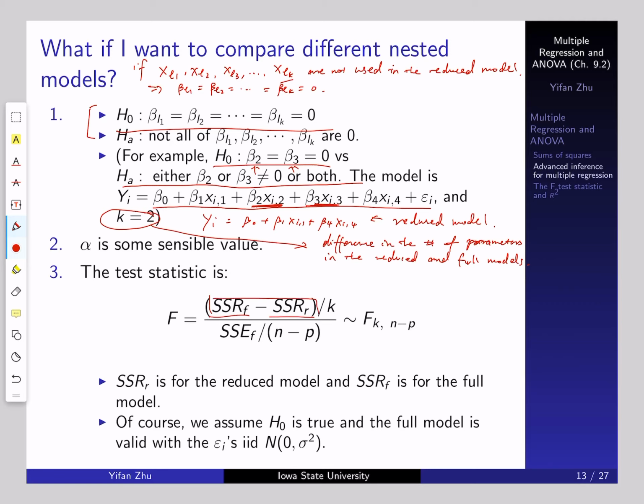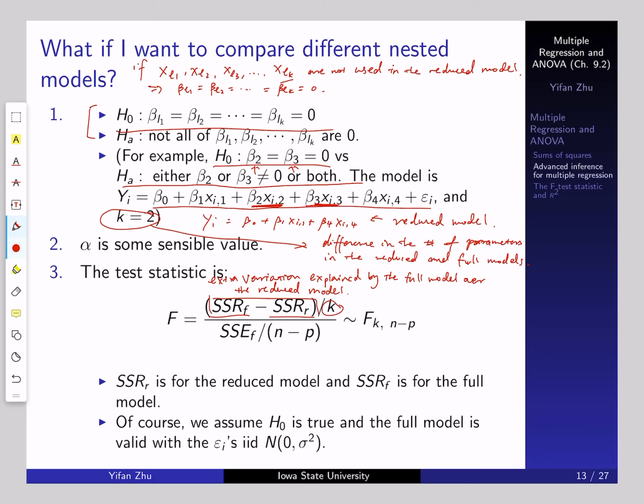This much is the extra variation explained by the full model over the reduced model, right?